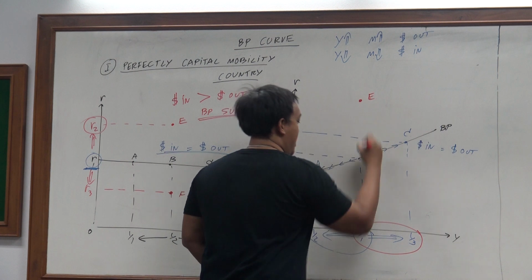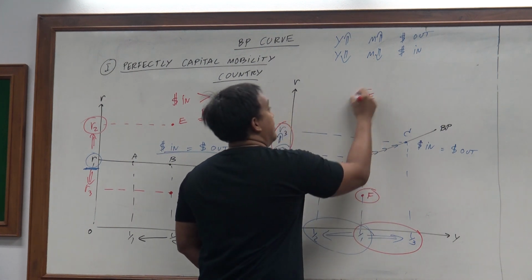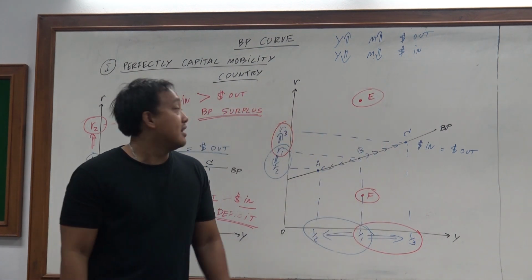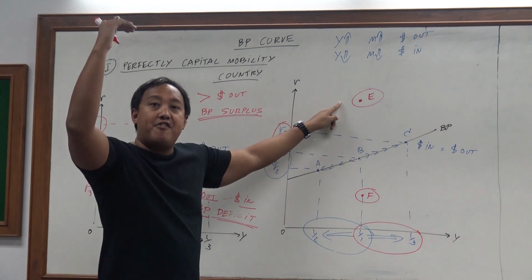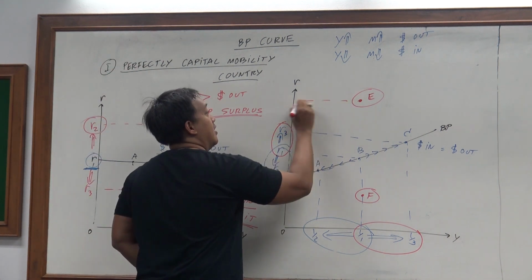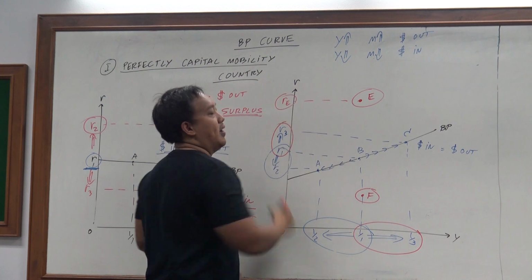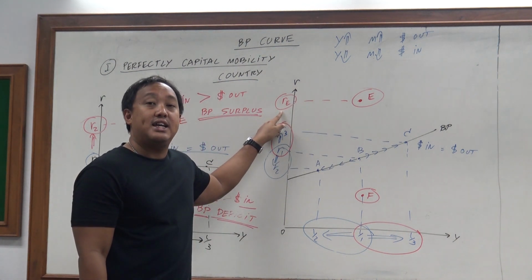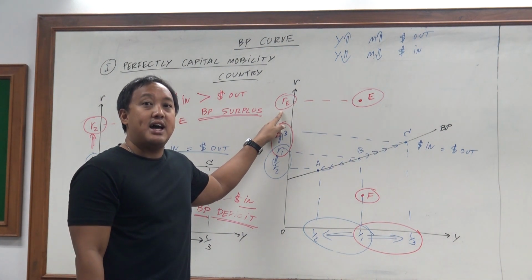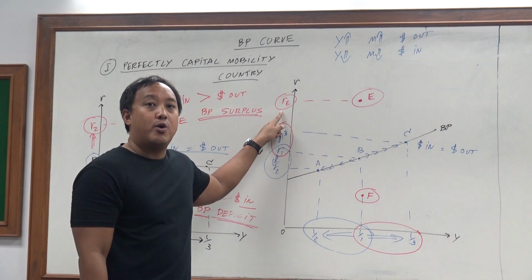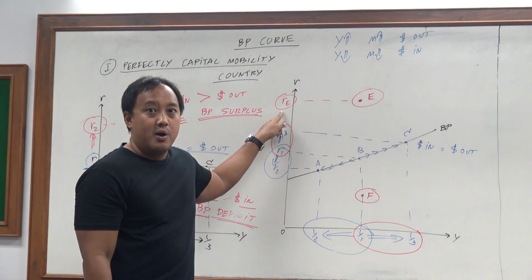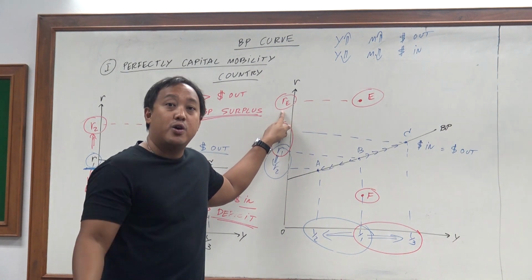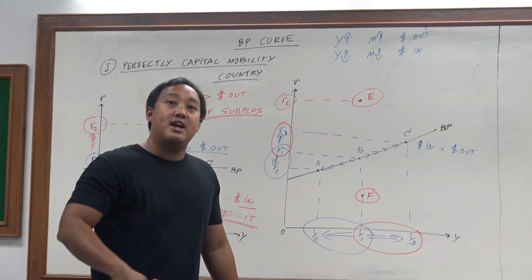Any point located above point E or point F is going to be the same idea. Any point that is above the curve, for example, means that the real interest rate is too high. When the real interest rate is too high, people are going to move the money in, right?